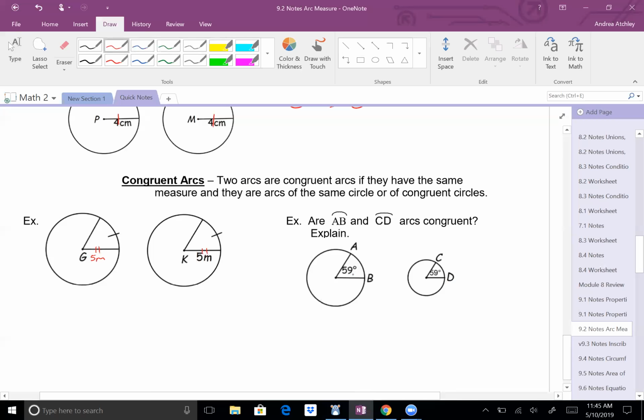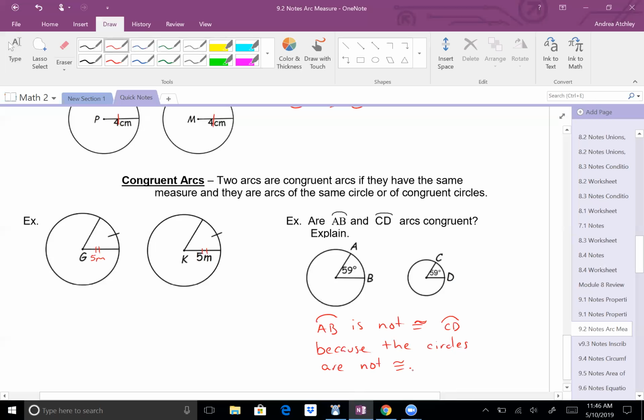Okay. In this one, you have the same central angle, which means the measures of the arcs are equal. But are those two circles congruent? No. So arc AB is not congruent to arc CD because the circles are not congruent.